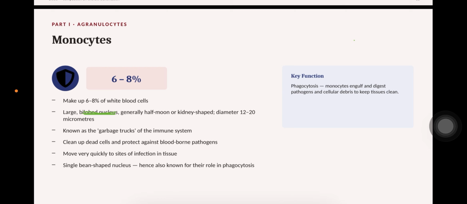They have a single bean-shaped nucleus, hence they are known for their role in phagocytosis. Phagocytosis is monocytes engulf and digest the pathogens and cellular debris to keep the tissues clean, hence the name garbage trucks. And also, after entering the tissues, monocytes become macrophages.